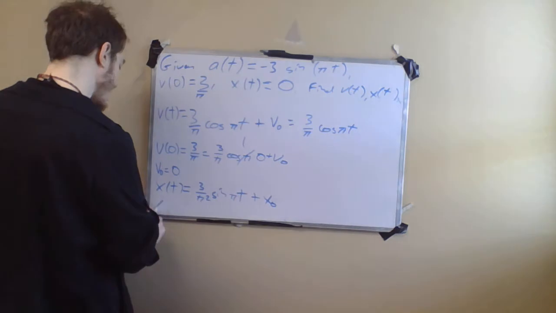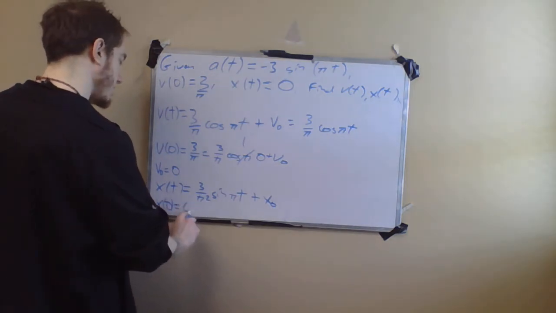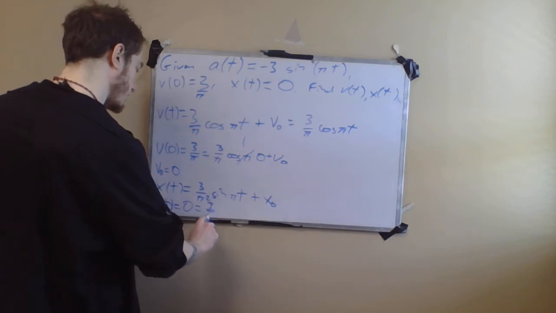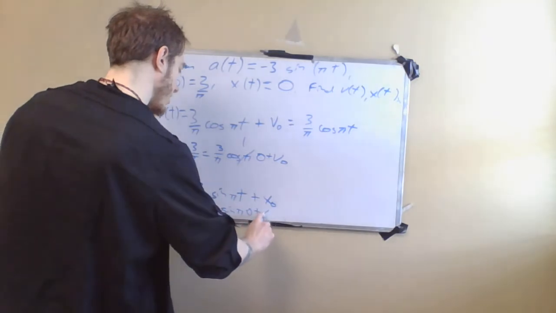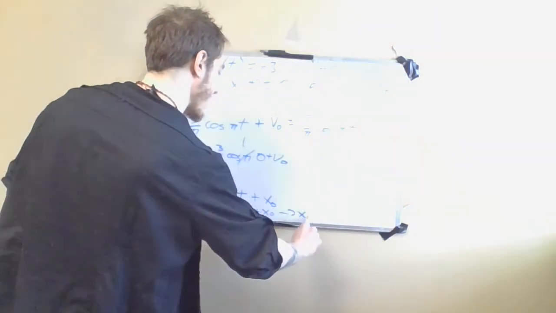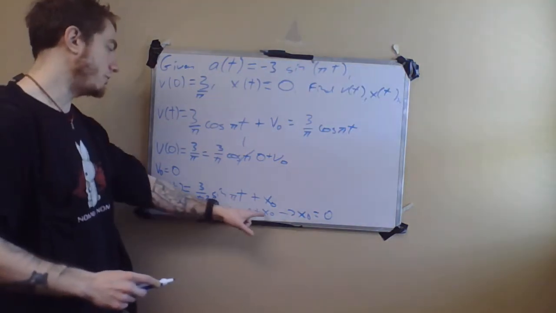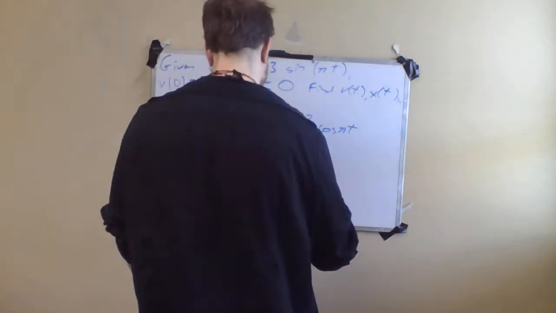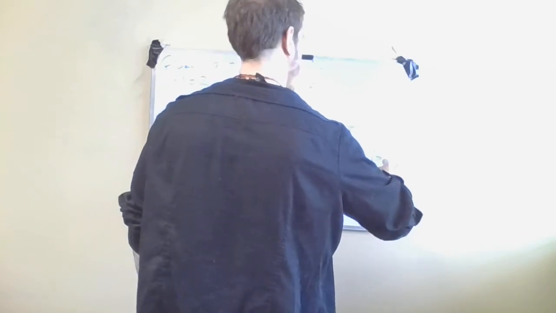And when I plug in x of 0 is equal to 0, which should be 3 over pi squared sine of pi times 0 plus x0, I get that x0 is equal to 0 as well. And so this constant of integration is also 0. That means that x of t is going to equal 3 over pi squared sine pi t.